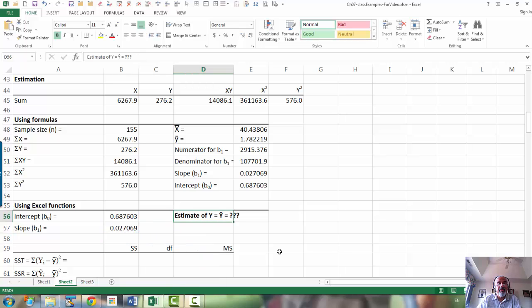So our estimate for y, that is y hat, is 0.687603 plus 0.027069x.